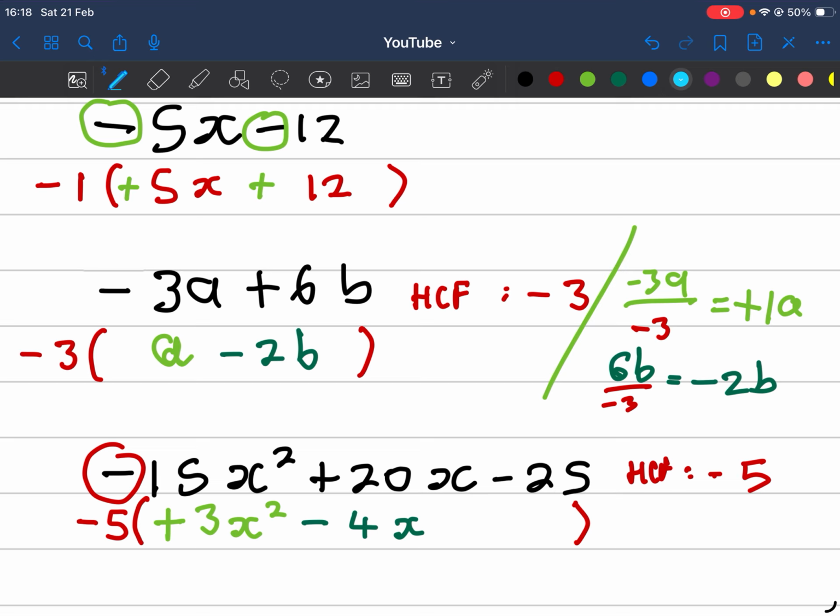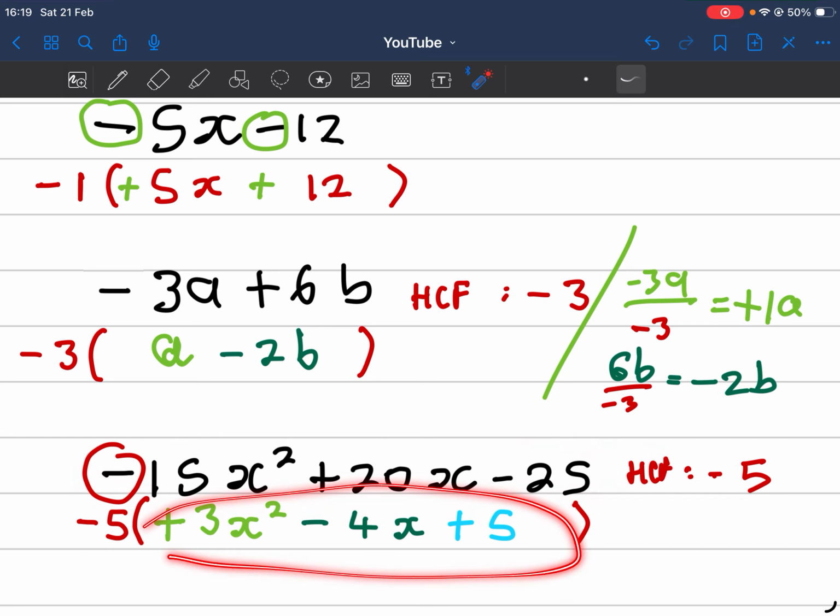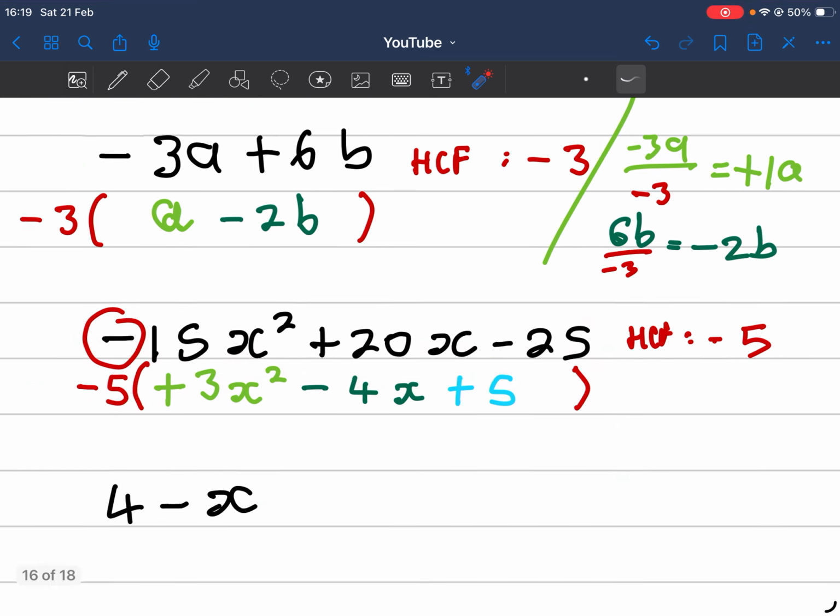And the last one is our negative 25. So negative divided by negative is positive, and 25 divided by 5 is 5. So let's recap that question. The negative turns to a positive, the positive turned to a negative, and a negative turned to a positive. And everything was divided by our factor of 5. And that's your trinomial that you'll try and solve.